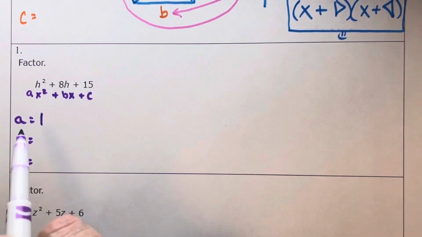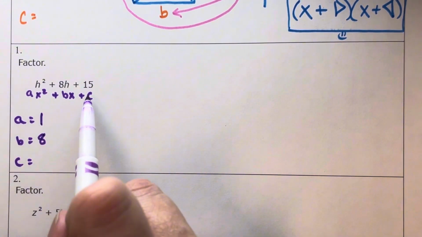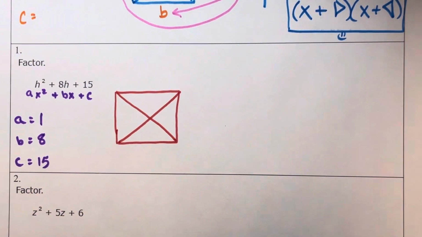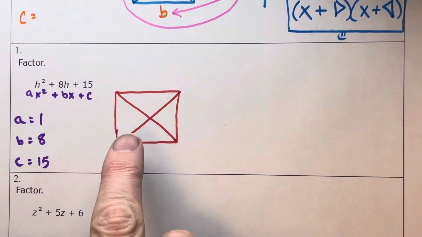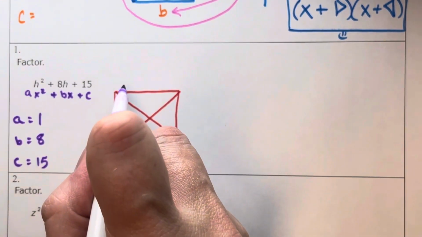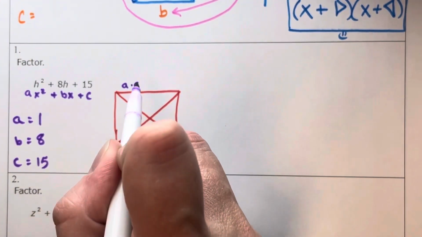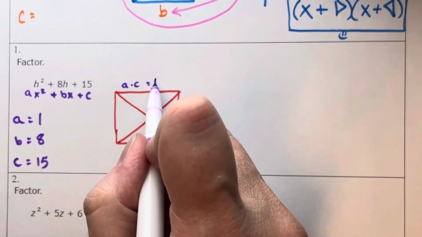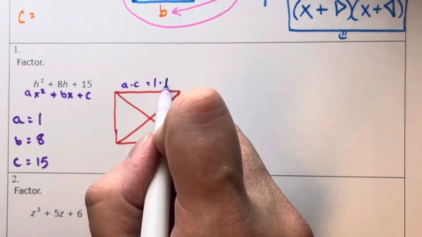B has a value of 8, and C has a value of 15. It's time for our first graphic organizer. So here's our box with a big X through it, and we know that on the top is always going to be A times C. And for this particular problem, A is 1, C is 15.